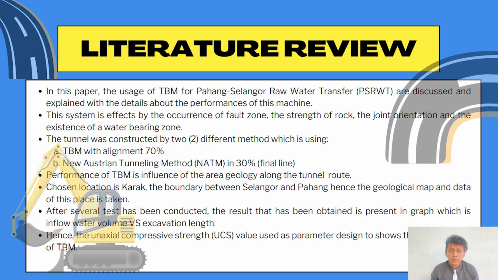One is 17% for the final lining using the New Austrian Tunneling Method, and 30%.